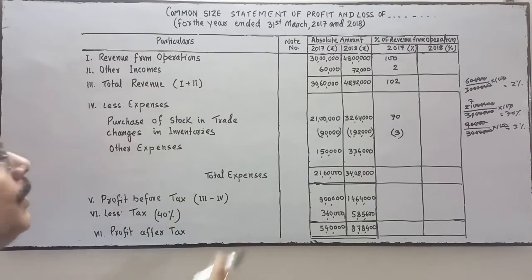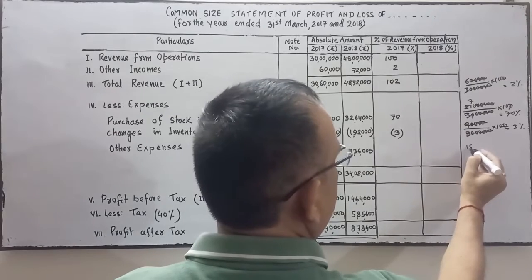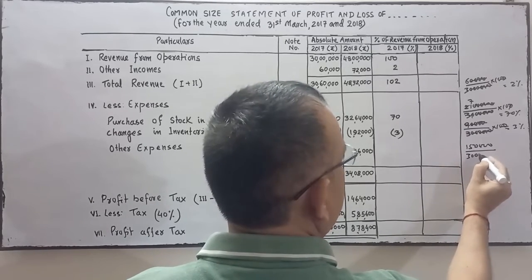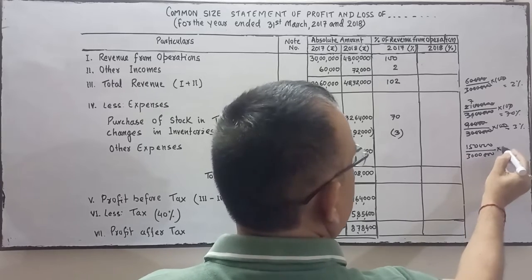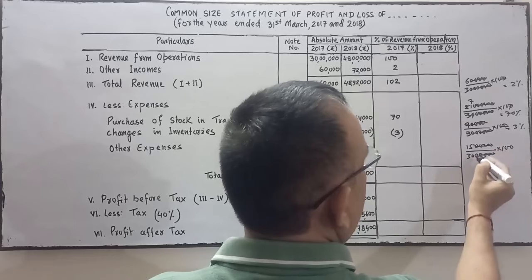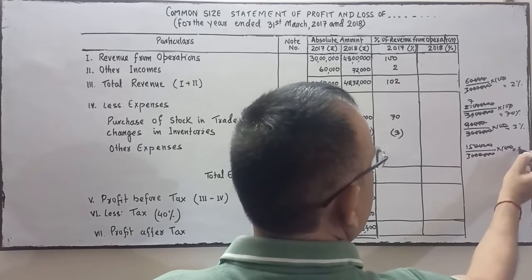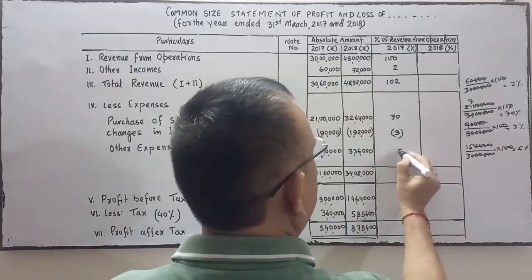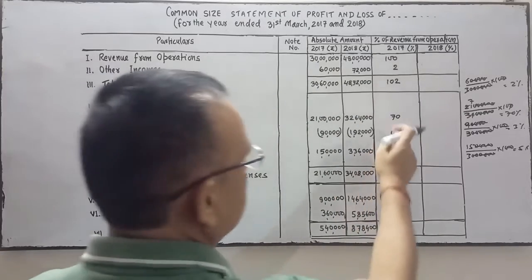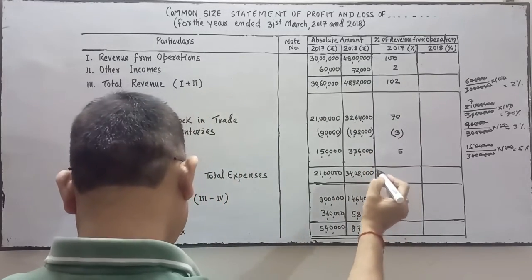Next is 1,50,000 upon revenue from operation 30 lakhs into 100. So it is 5%. Now we'll do the addition. So it is 72%.